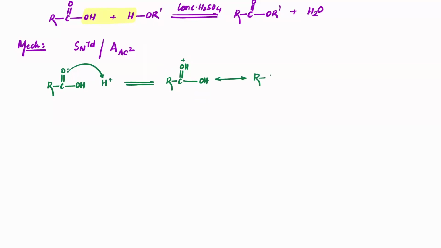So this with OH and double bond OH plus. Clear? You will get this as 1 and 2. These two are equivalent resonating structures.